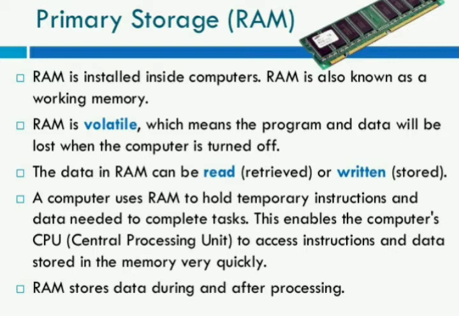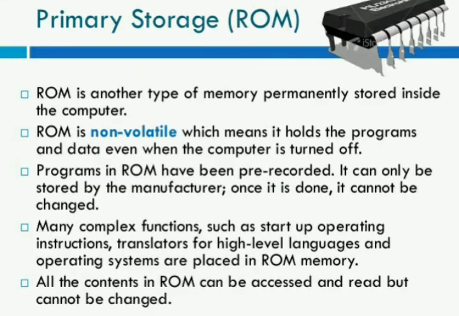It is also called the working memory. RAM is volatile, which means if the computer is suddenly switched off while we are writing data, the information will be lost. The computer uses RAM to hold temporary data or instructions, and it enables the computer's CPU to access instructions and data stored in memory very quickly.